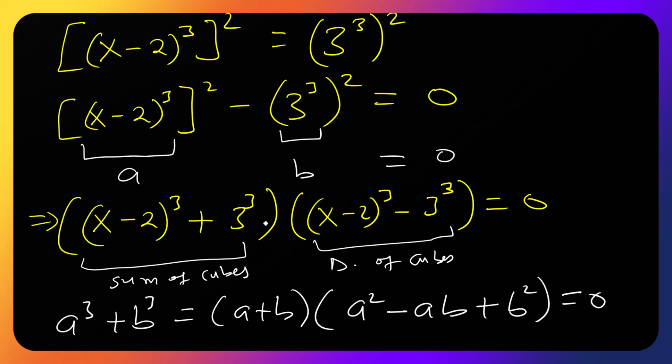So remember this one is 27, that is 3 to the power of 3, 27.